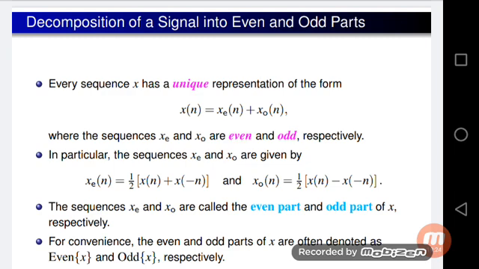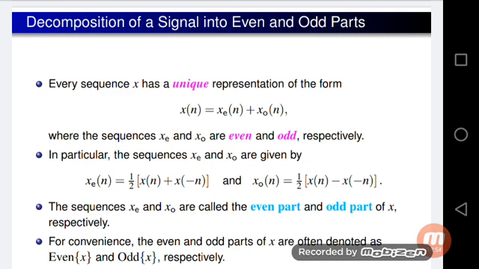In particular, sequences xe and xo are given by xe of n equal to 1 by 2 times x of n plus x of minus n, and xo of n equal to 1 by 2 times x of n minus x of minus n.